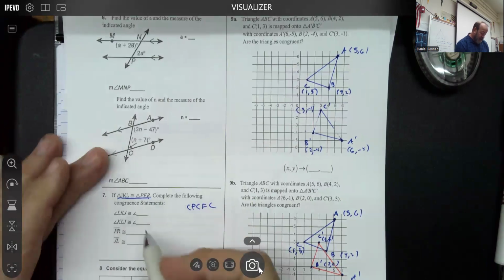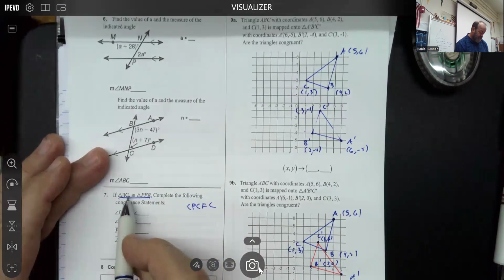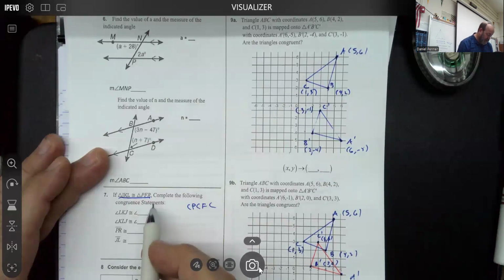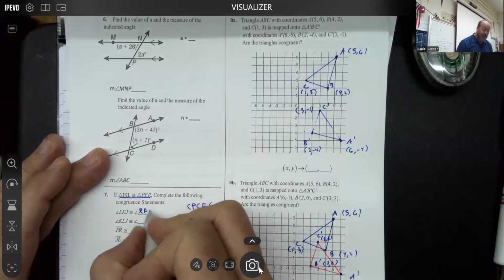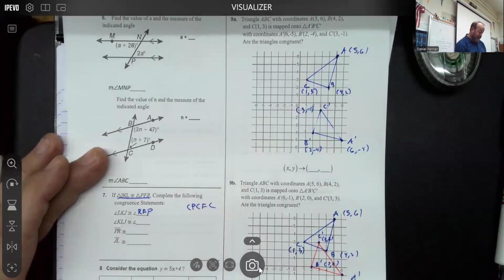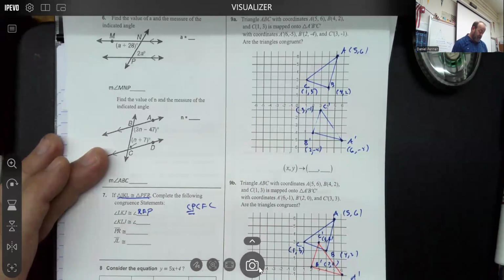If I say LKJ, notice LKJ is the third, second, and first. If I follow that exact same order, that'd be RFP. And remember, the order matters because they have to be corresponding parts of those congruent figures.